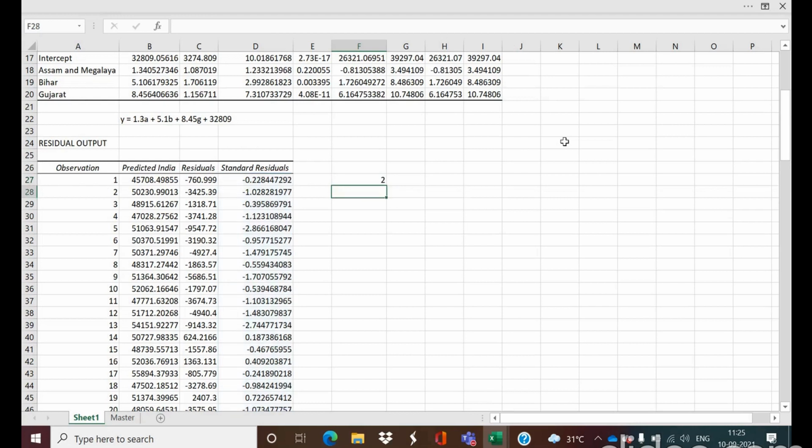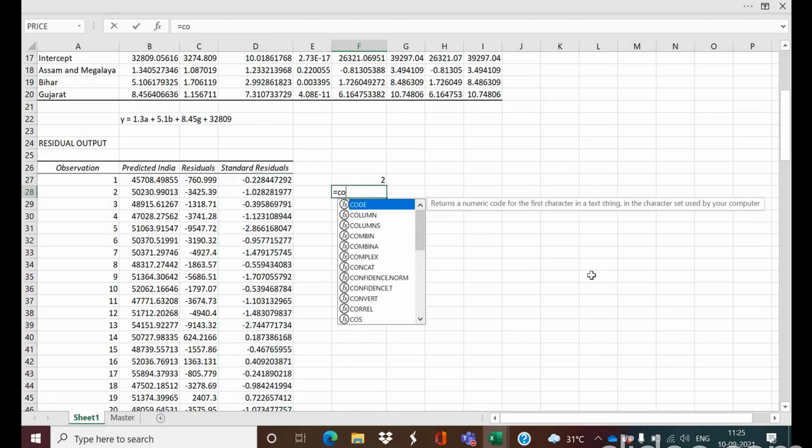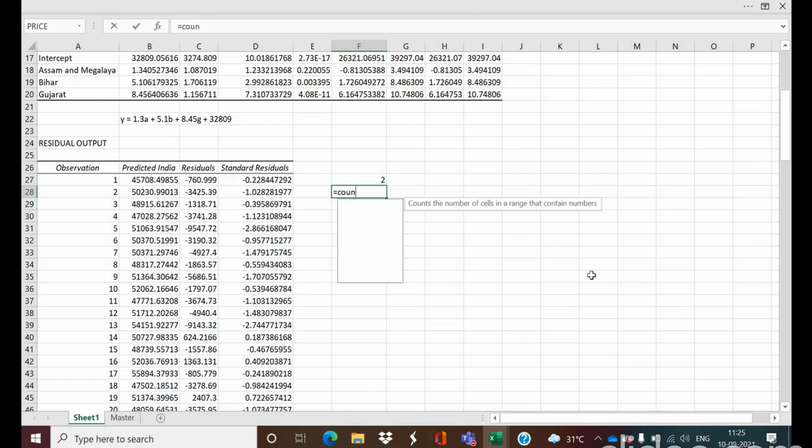So in this column there are 2 values more than +2. Similarly, do COUNTIF for less than -2. Range same.